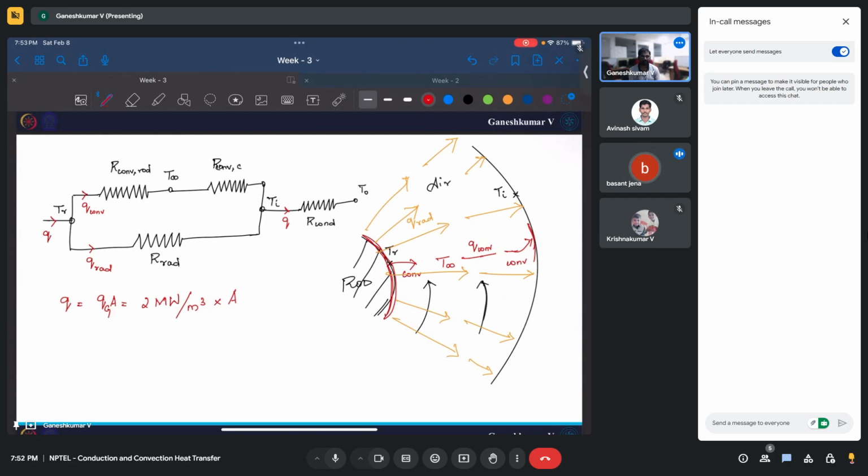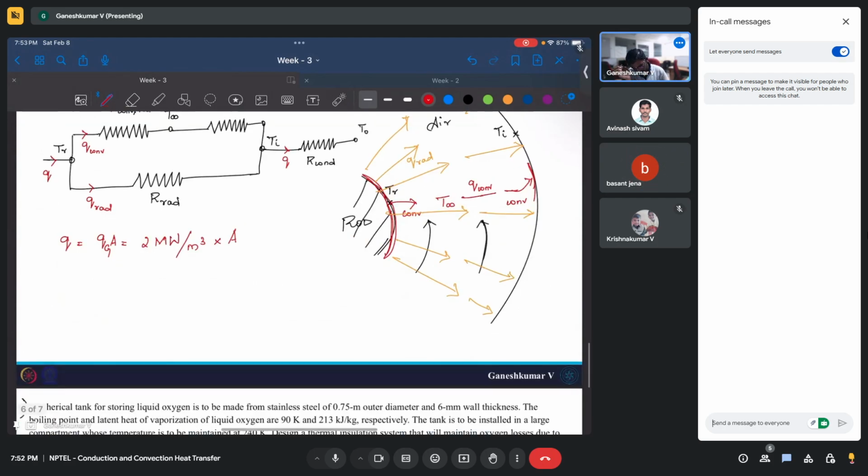The rod, a circular, cylindrical rod. If I want to know the Q coming out of that rod, I multiply Q generated times the volume of the rod. So what would be the volume of the rod? Pi r square into L. Wonderful, pi r square into L is the volume of the rod.